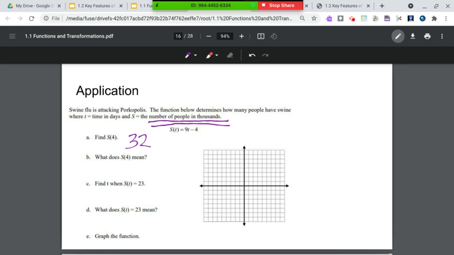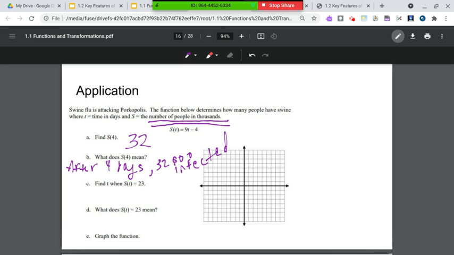There's 32,000 people with the flu. Yeah. Perfect. So what does S of 4 mean? After 4 days, 32,000 people are infected. Okay, are you good there? Yeah.